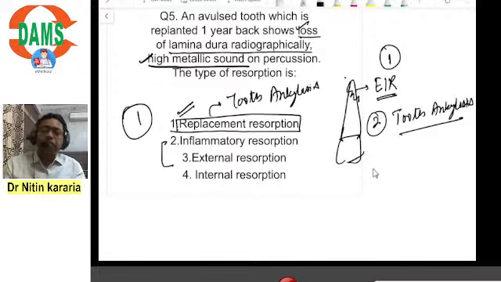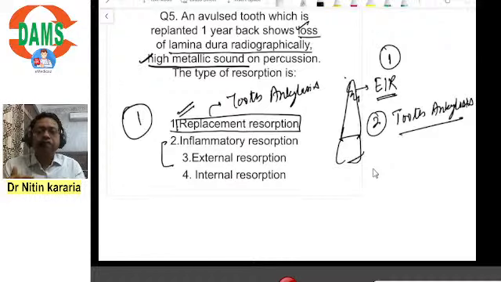Numerous types of questions are related to tooth avulsion. Endodontic trauma is one of the favorite subjects, especially for the INICET examinations. In tooth avulsion, the most common sequela is external inflammatory resorption.